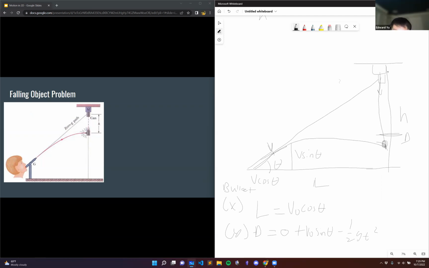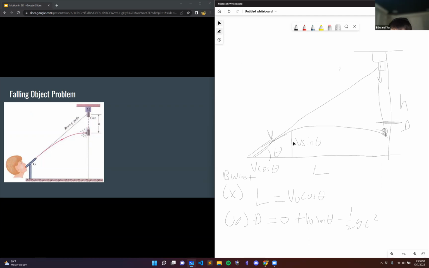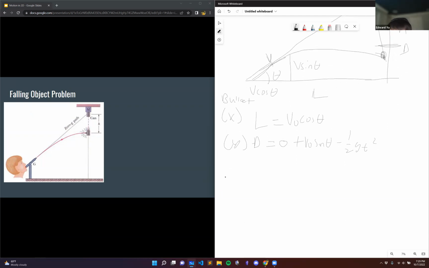And then for the can now, since it's being dropped, there's no x component, so it'd just be 0. Then y would be equal to, it's in free fall as well. So let's say it starts at h, so d equals h. It's being dropped, so no initial velocity, minus 1/2 gt squared.